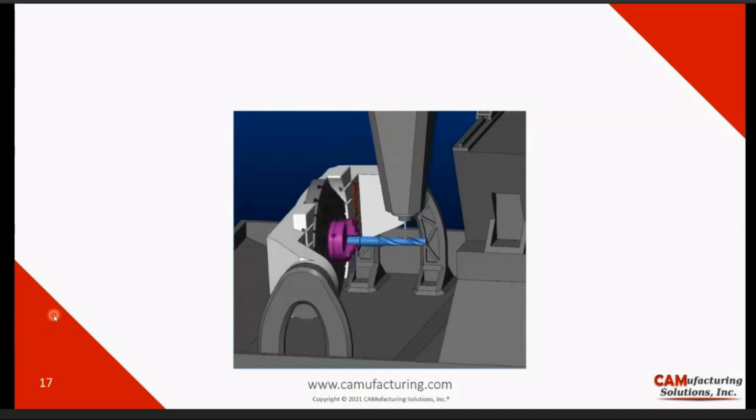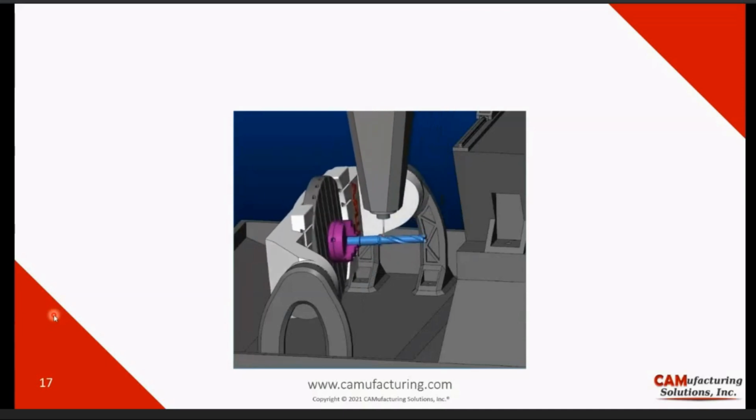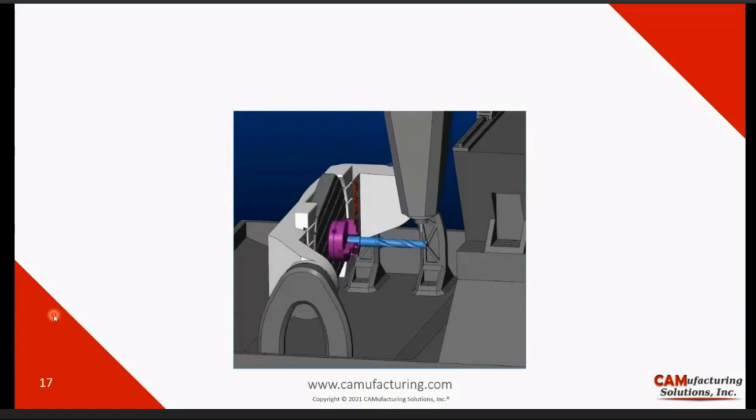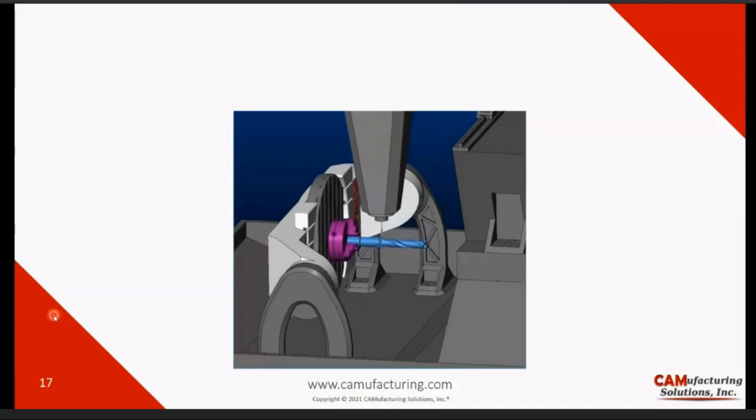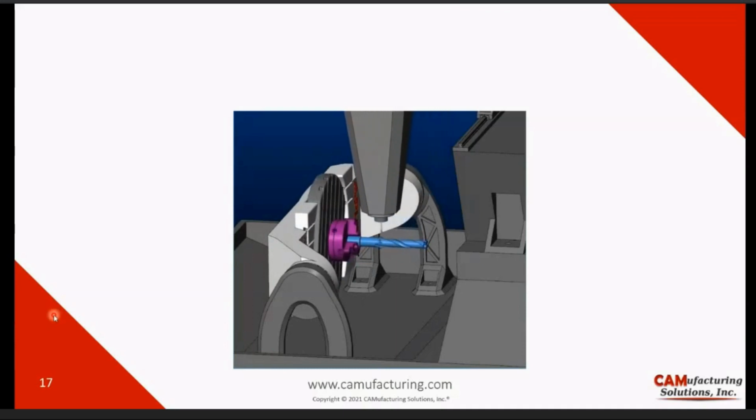There are lots of parameters there that will help you get the best possible solution. And the other good thing about that is it's completely compatible with Mastercam. That means you can use it as a stock model, as you can see, and you can see how your material is being removed at the end in order to get your finished product.